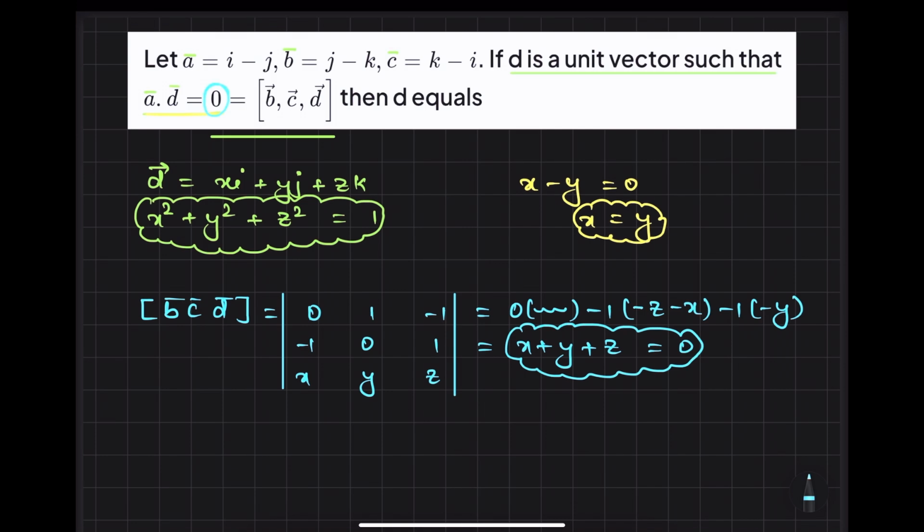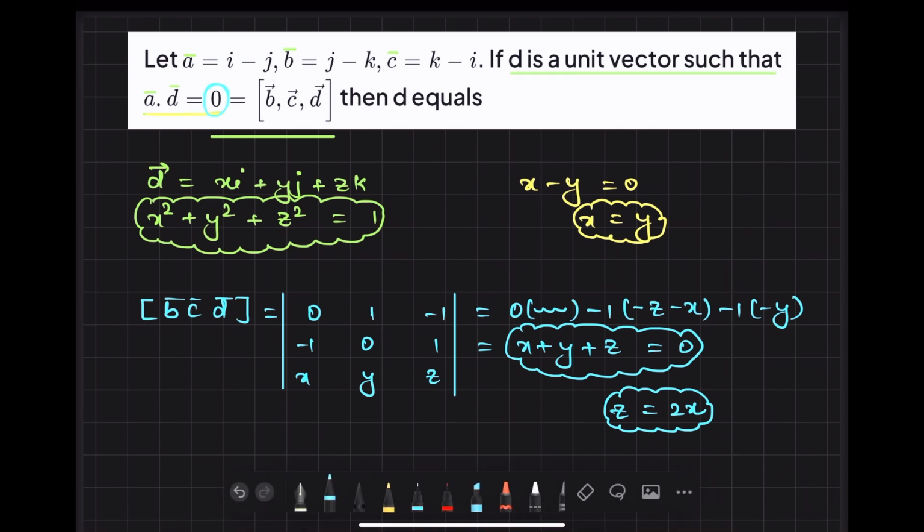Look at this. You know that x and y are equal, so can I say that the value of z will be equal to minus 2 times x? Correct? x and y are equal, no? Now we will solve this entity and we will write all the things in terms of x.